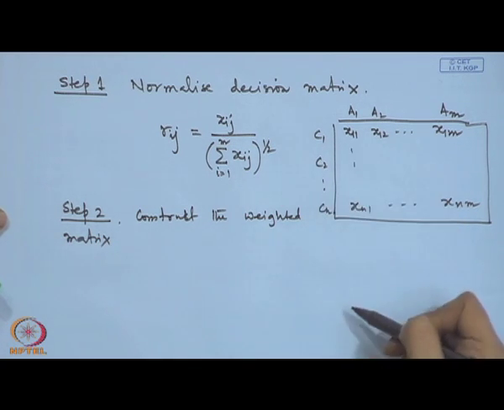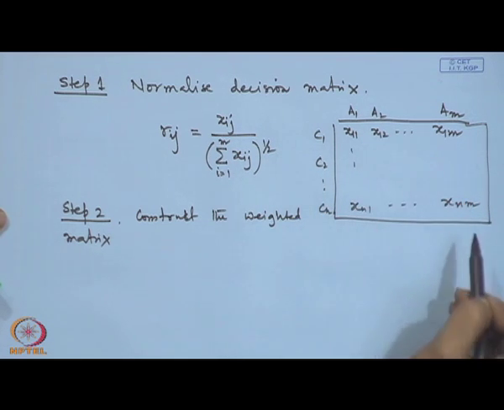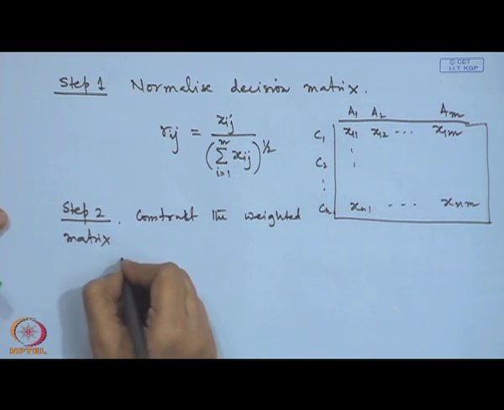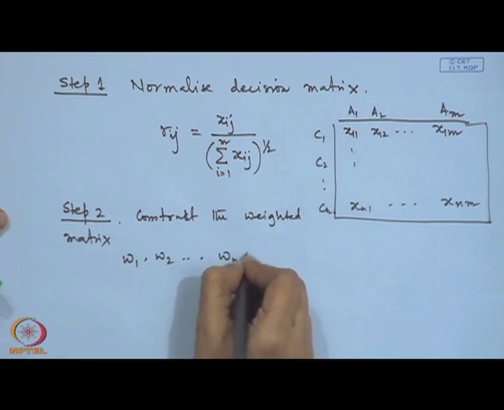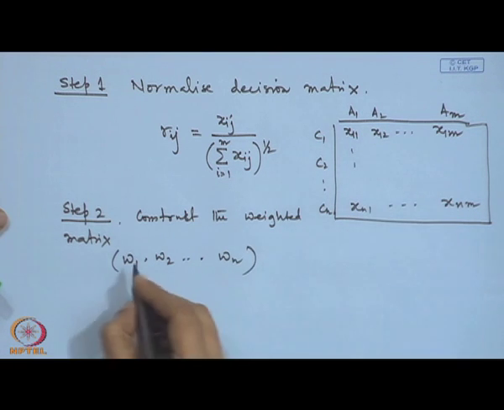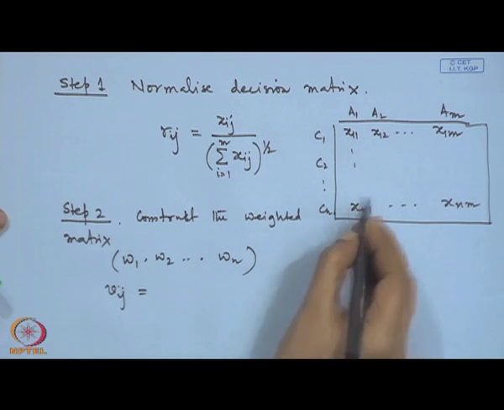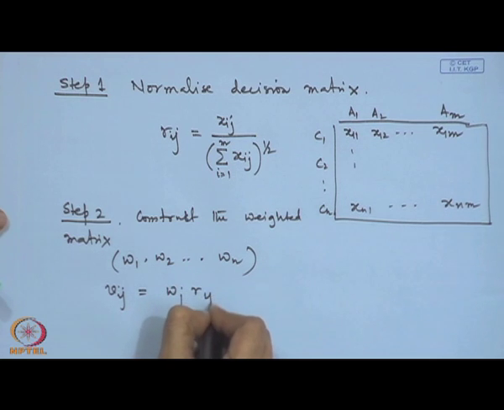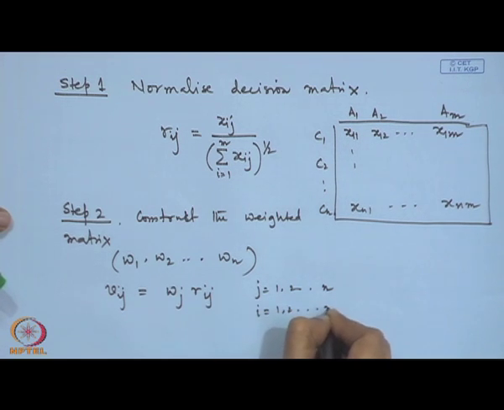How is the construction being done? From x11, the next matrix we are getting is R11, R12, R1m, etc., and these values are all between 0 and 1. If we have the information regarding the weights of all attributes, then we will multiply and we will get another element for this matrix, Vij, which is equal to Wj Rij, where j is running from 1 to n and i is from 1 to m.